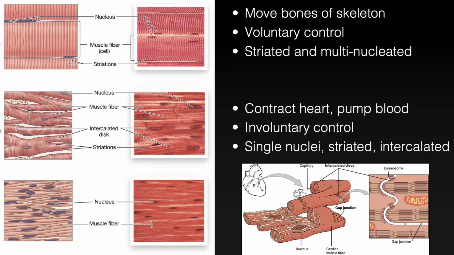It's really important that action potentials spread everywhere through all of the cells of the heart and not just to a couple different locations. You'll see that in 152. Gap junctions allow that to occur. Action potentials will spread from one cell to the other through the gap junctions in the intercalated discs.